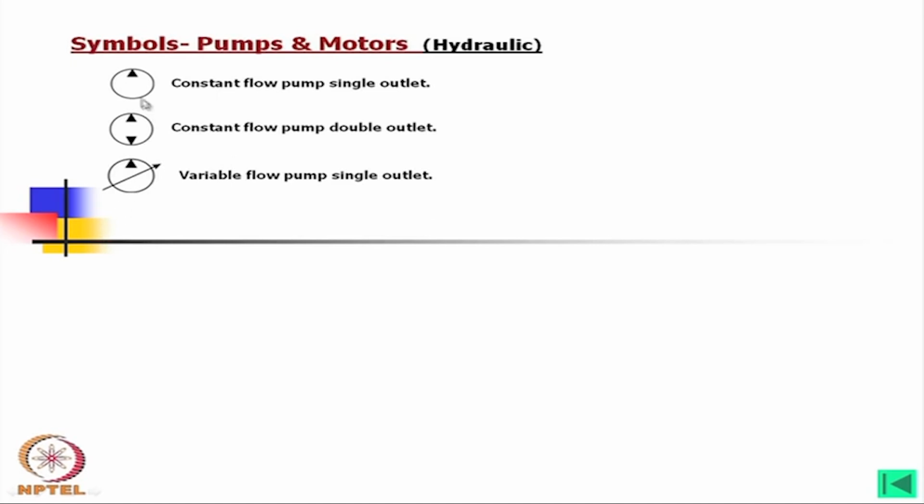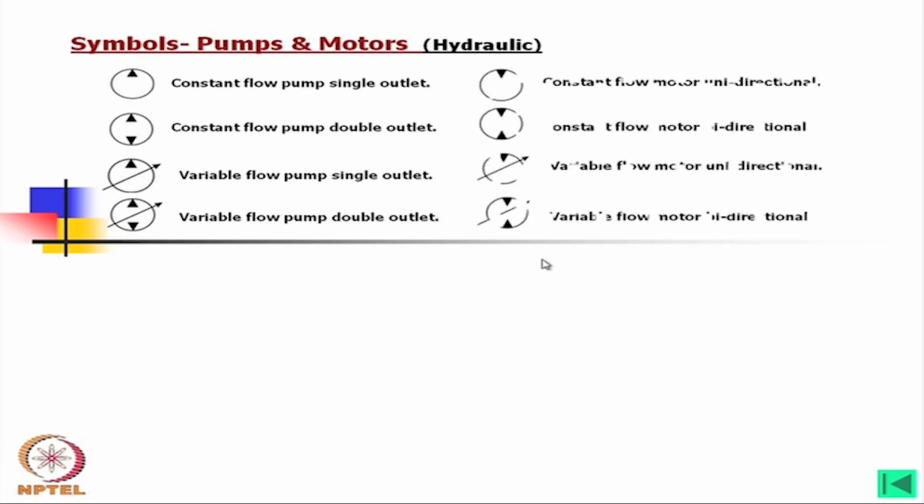Now, on the first one, if we put an arrow, this indicates variable flow pump, single outlet, and if we put an arrow with the second one, this will be variable flow pump, double outlet. Contrary to that, the motors will have arrows toward the inside, toward the center of the circle.